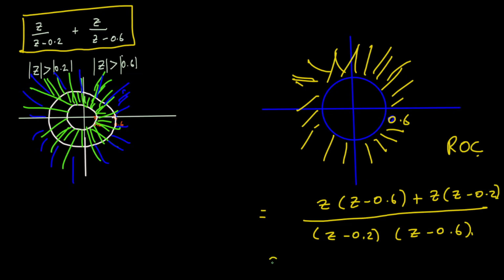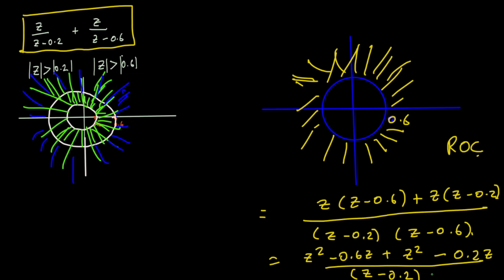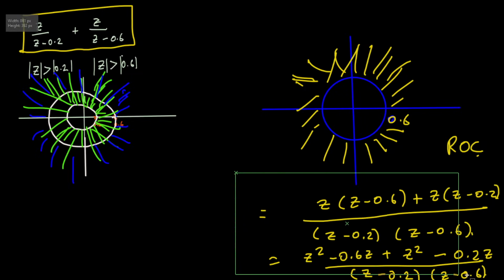Now we can simplify this one. First one is going to be Z square and then minus 0.6Z right here, and then plus Z square again, then minus 0.2Z. In the denominator we are going to have Z minus 0.2, Z minus 0.6. I bring the calculation to the next page.